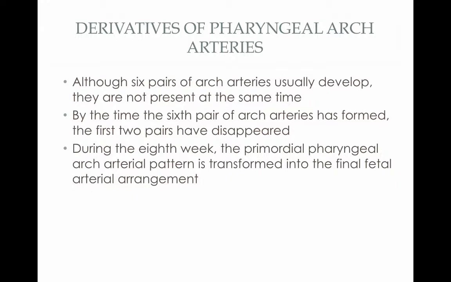In the 8th week, the primordial pharyngeal arch arterial pattern is transformed into the final fetal arterial arrangement. And that's what we're going to go through. We're going to go through each arch, 1 through 6, and see what these arches develop into.